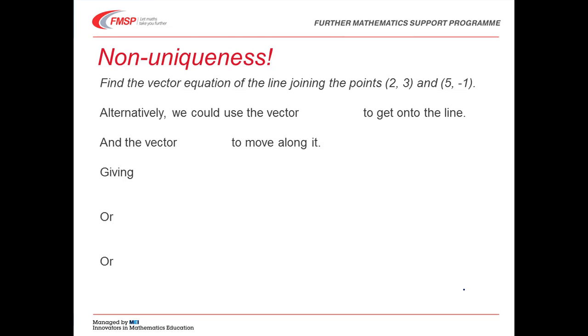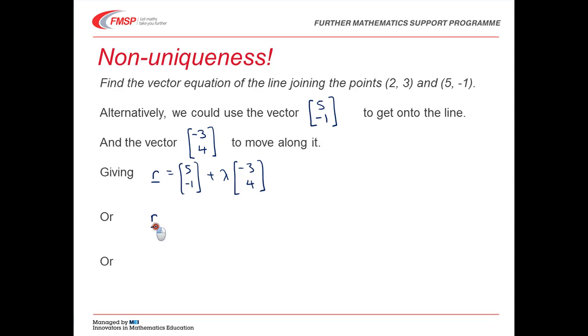The vector equation of a line is not unique for that particular line. We could have used the vector (5, -1) to get onto the line instead of (2, 3). And instead of (3, -4), we could have used (-3, 4) to move along it. That would have given us the equation r equals (5, -1) plus lambda (-3, 4).